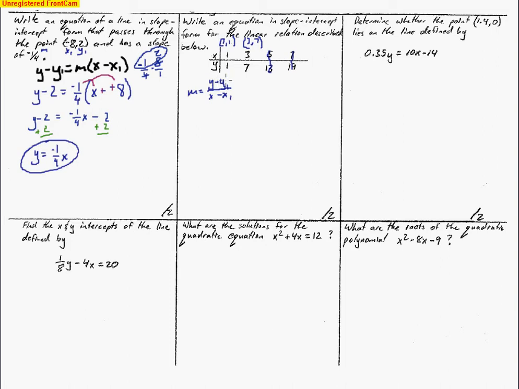We care more about how high up we have to go than how far over we're going when we're climbing a mountain. And so we go ahead and substitute the y values in for the y and y1. So I'm going to start with the 7 minus 1. Now since I started with the 7, I've got to start with the 3 because that comes from the same point. So 3 minus 1. We do some work there. That makes 6 over 2, which reduces down to 3, or 3 over 1.